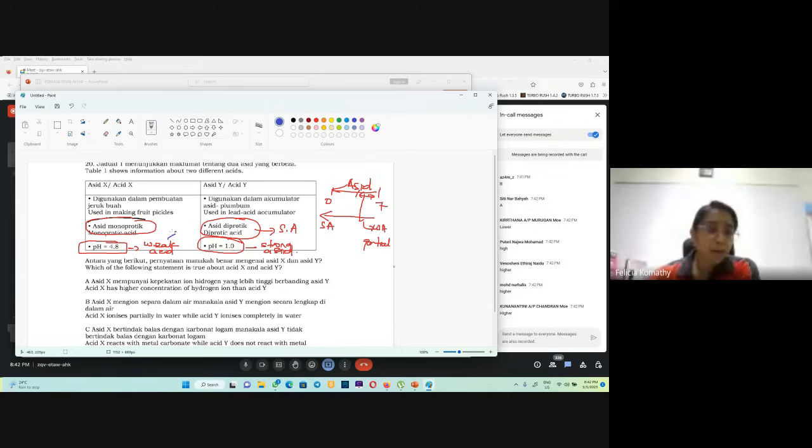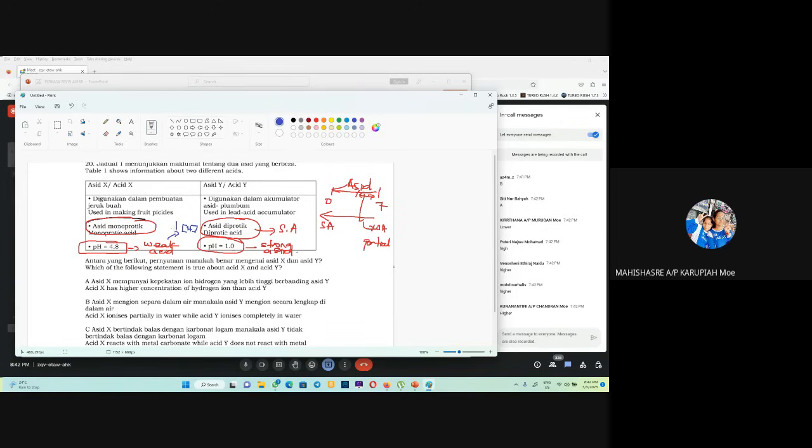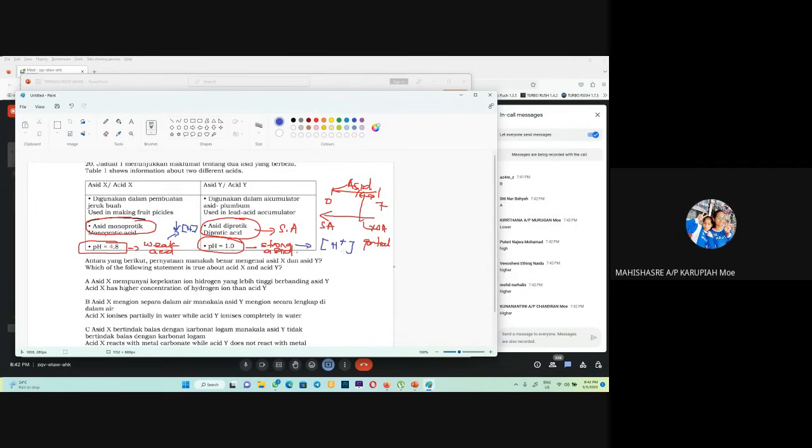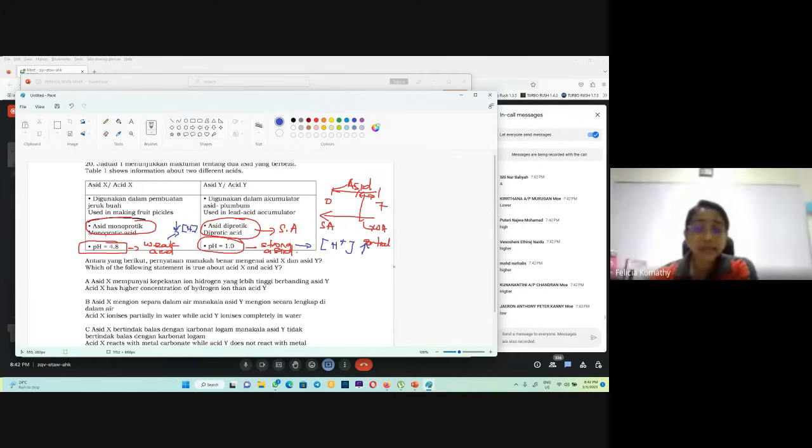Kalau weak acid, how about the concentration of hydrogen ion? High or low? Low concentration. If it's 1 and it's a strong acid, how's the concentration of hydrogen ion? High concentration. This is the analysis lah. Macam inilah analisis yang perlu anda buat sebelum anda menjawab soalan.